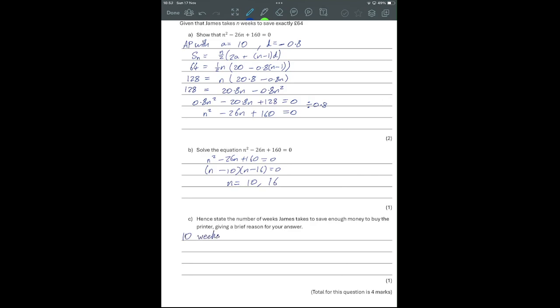A brief reason after, and we could work out exactly how long after a number of weeks, he will start saving negative amounts. If you started saving £10 a week and you save 80 pence less every single week, eventually you'll start saving negative.